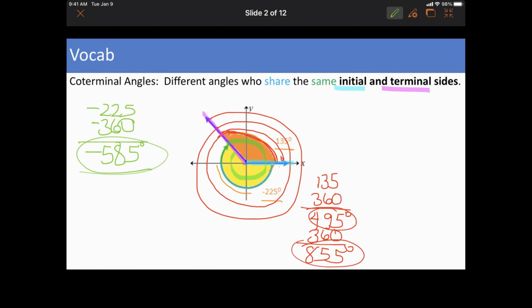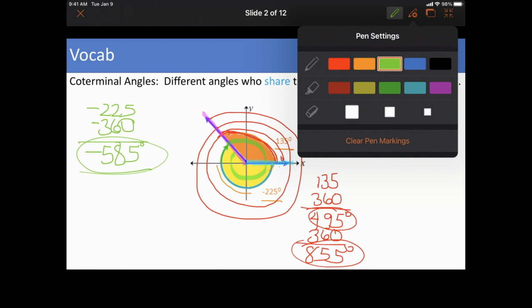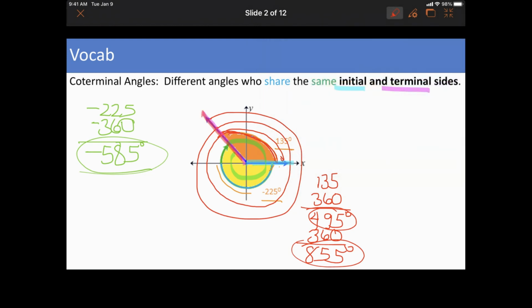So all these coterminal angles have the same reference angle, and because they all have the same reference angle, that means they have the same sine, cosine, tangent, cosecant, secant, and cotangent. All those values would be the same. That's why, with coterminal angles, we use the reference angles, because it's the same, and then all your trig ratios would be the same.